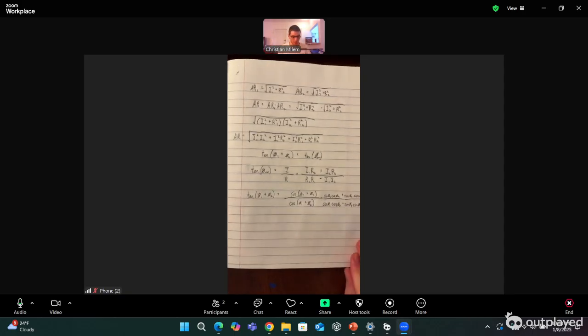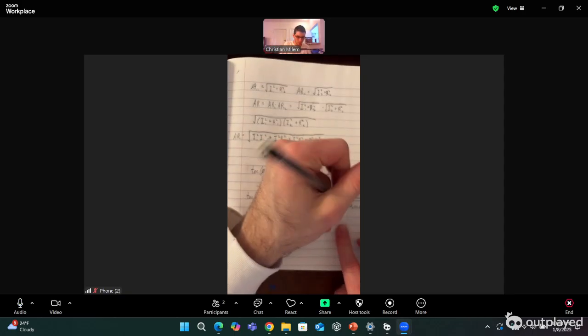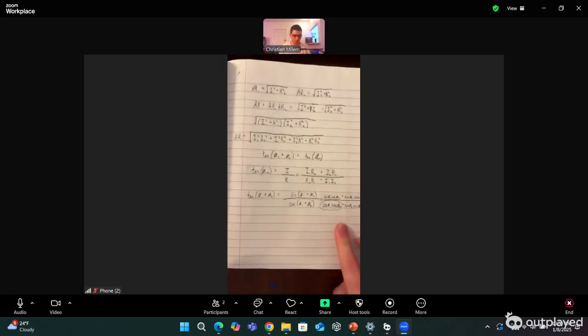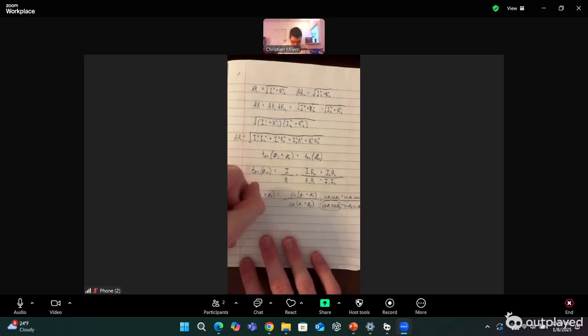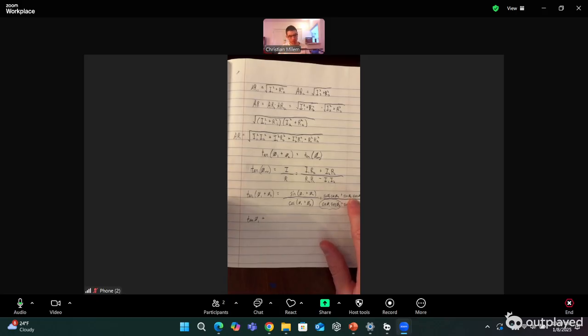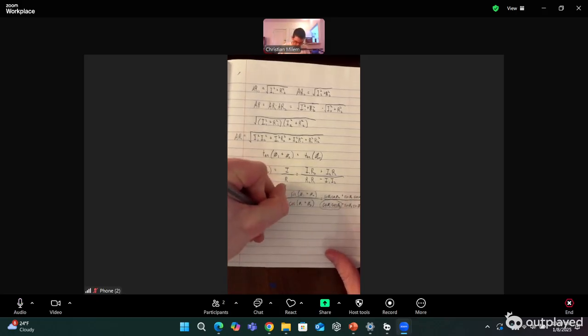So where we go from here, we divide both sides by cosine of phi 1 times cosine of phi 2. I'm not going to do all the algebra, but the cosine of phi 2 over cosine of phi 2 cancels out, so we're left with tangent of phi 1 plus tangent of phi 2.